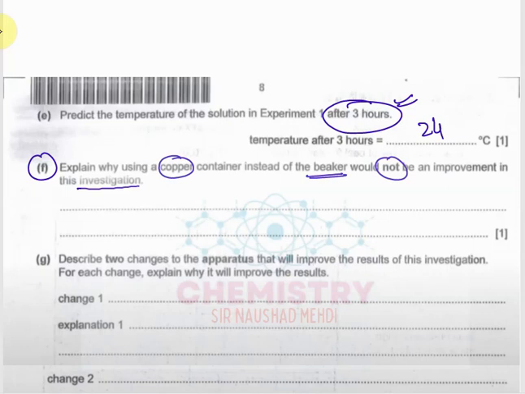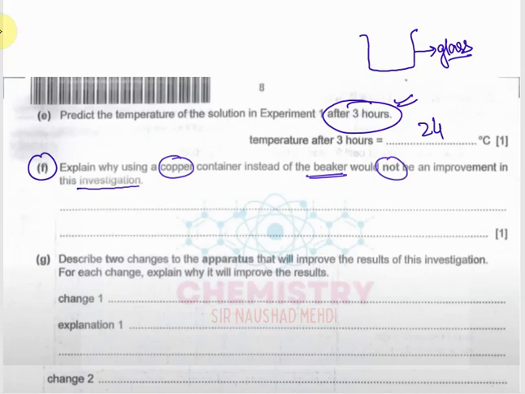Because in this experiment we are measuring the temperature change, that is, how much heat energy is released during the experiment. But we are doing this experiment in a glass beaker, and as we all know, a glass beaker is not a good insulator.